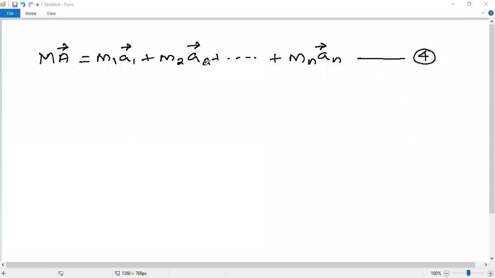Otherwise, give me text through the WhatsApp or Zoom chat box. So Newton's second law of motion formula, F is equal to ma, mass into acceleration.